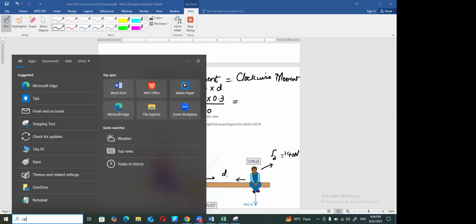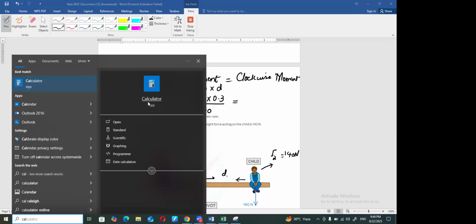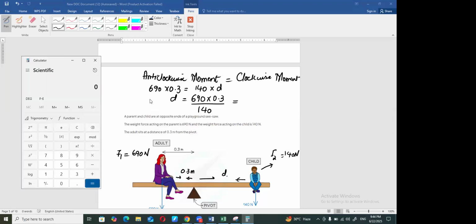Let me take out the calculator and solve it. It will be 690 multiplied by 0.3, divided by 140. So it will come up as 1.47.